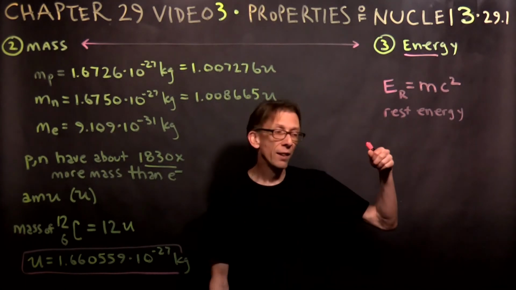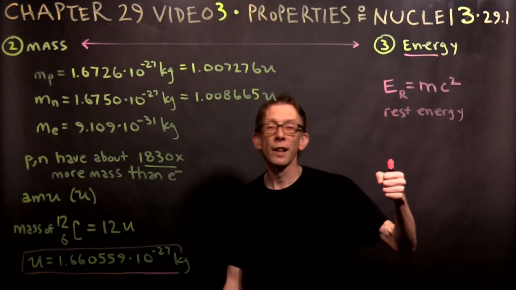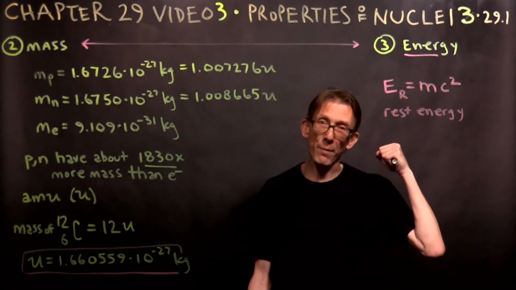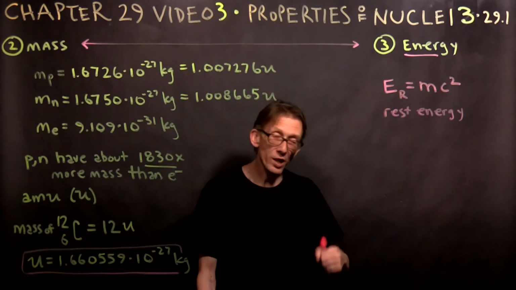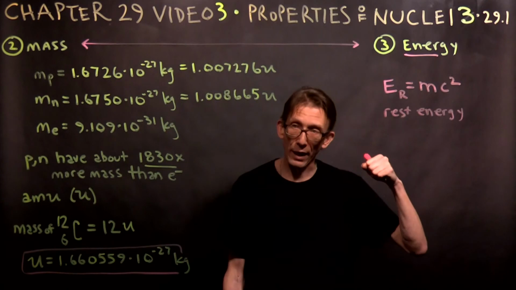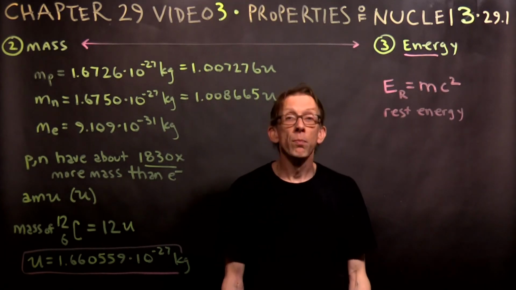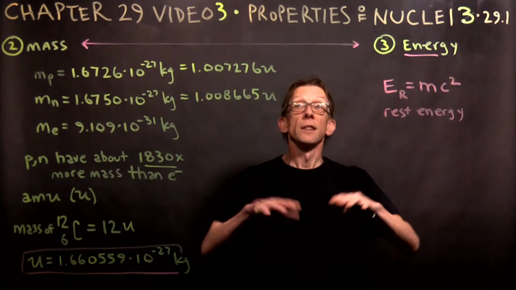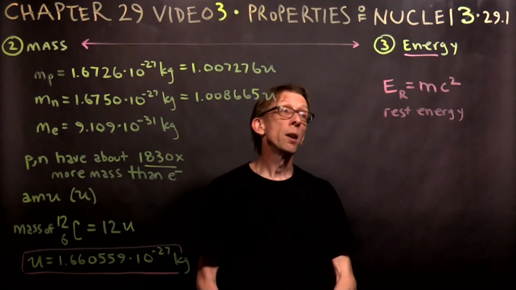The energy in 4 cups of water could light Atlanta for a year. That rest energy. Seriously. I'd have to do the exact math, but rest energy is a lot of energy. So there's a connection between mass and energy.